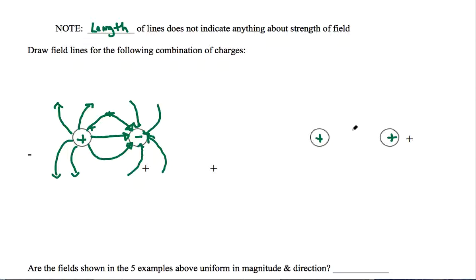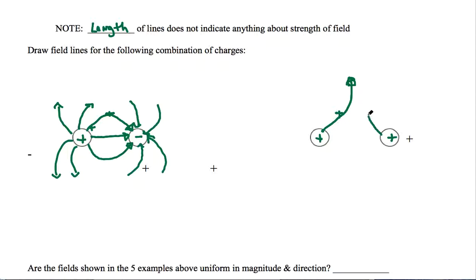Okay, now on the positive, if I place a positive charge, let's say right here, well, it's going to want to repel this one on the left here, but it's also going to want to repel this one. So as it gets further away from the one on the left, it's also repelling the one on the right, so the field line is going to look something like that.